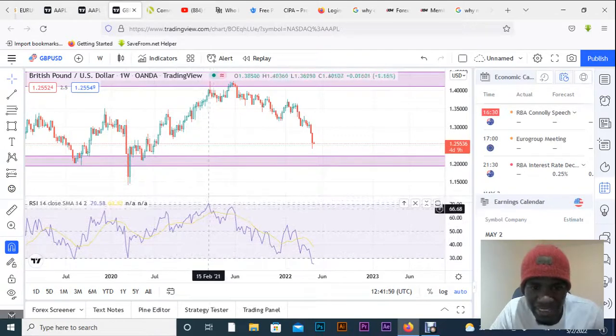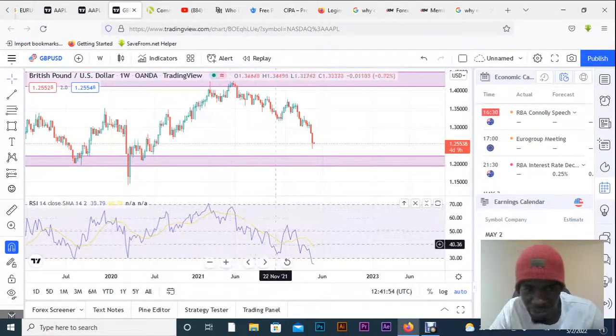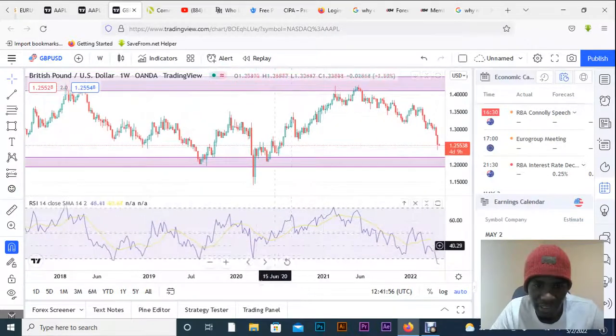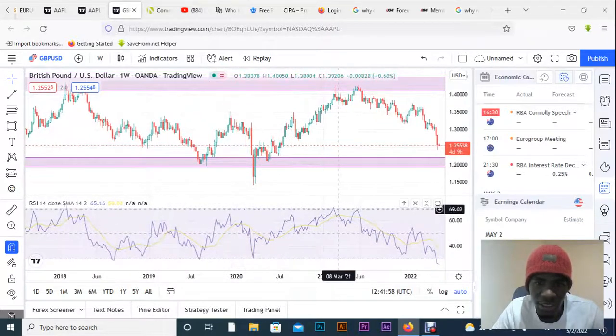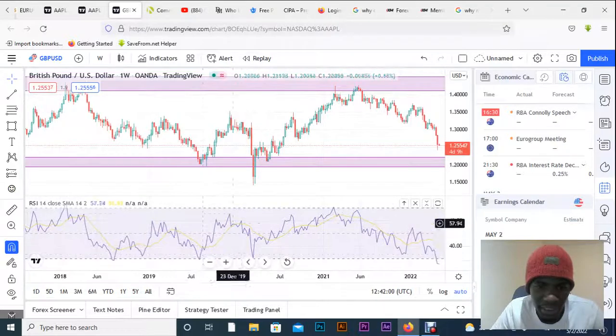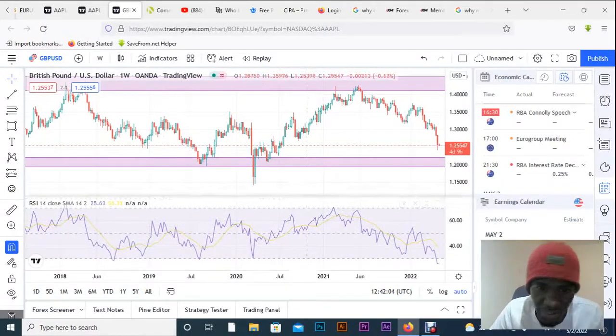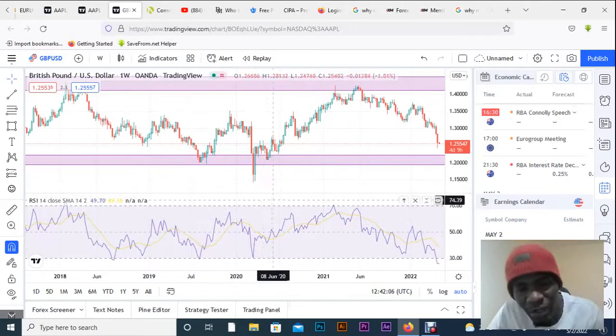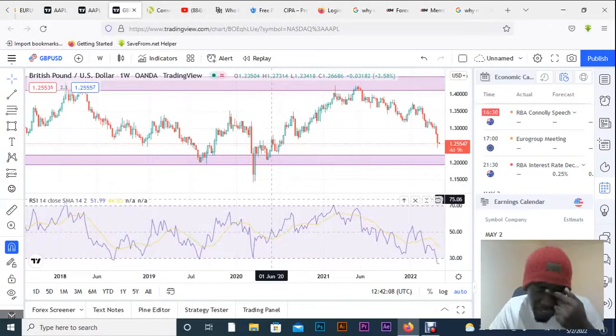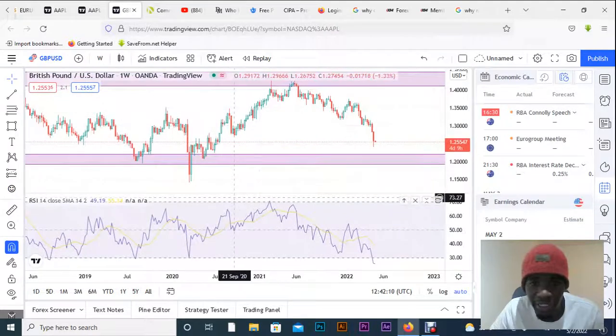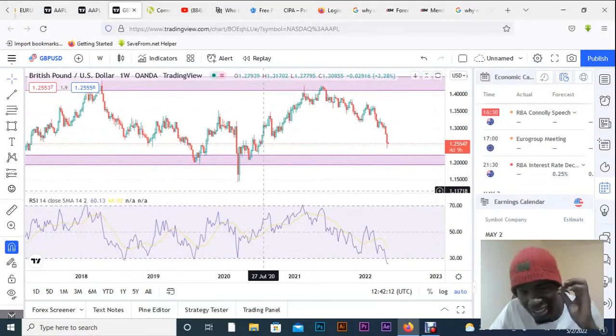When the market hits the 70 level, we are looking for selling opportunities. You can see, guys, even in the history, the market hit 30 and it went up. That is basically the strategy that we're using, together with other technical confluences.